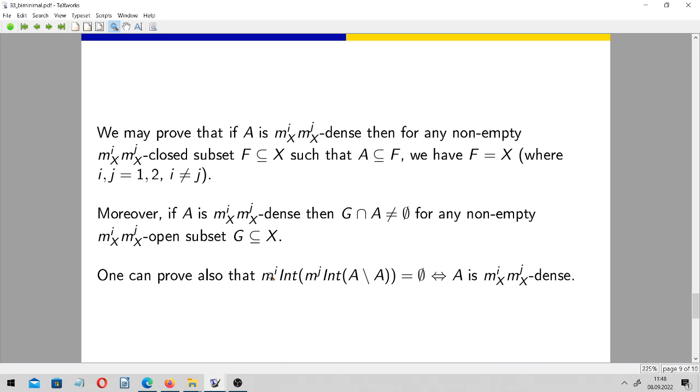And moreover, here is a mistake; it should be X minus A here, of course. So this is the notion of exterior: the Mi interior of the Mj interior of X minus A is empty if and only if A is Mi, Mj dense.